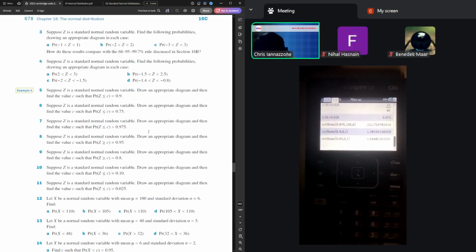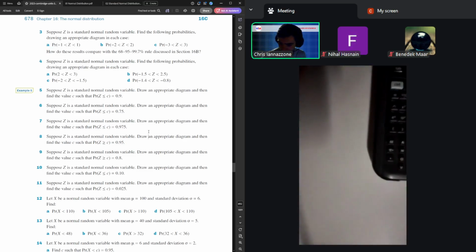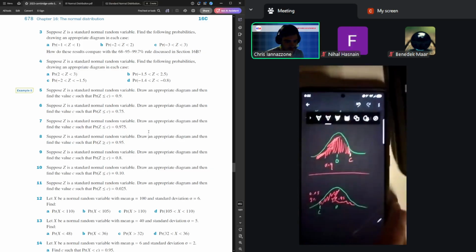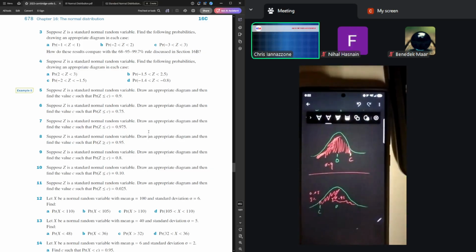Again, we want it to be negative because we're going left. That's only true of the Z stuff, by the way, because the center is 0. If it's like X stuff, left can still be a positive number. In fact, it often is, because your mean could be 160 or something like that.